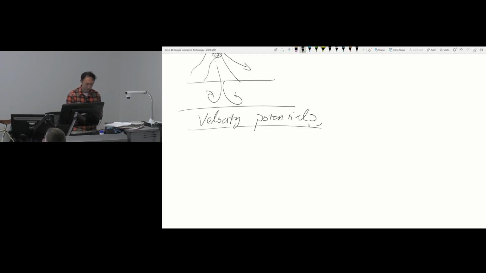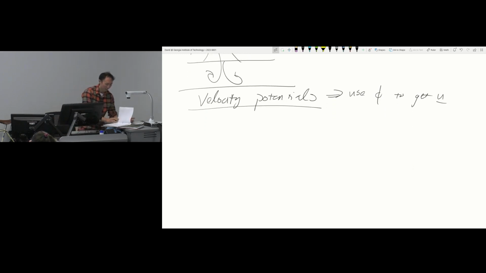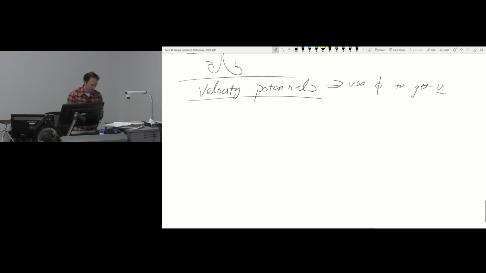So this section is going to be on solving velocity potentials. Basically, you're going to use this phi to get u. Before we get into the mechanics of how to do that, because we're not doing the undergrad level, we're not doing the 2D version, we're going to do the 3D version, which involves vectors and tensors, let's have a little intuition for what happens to these kinds of flows.